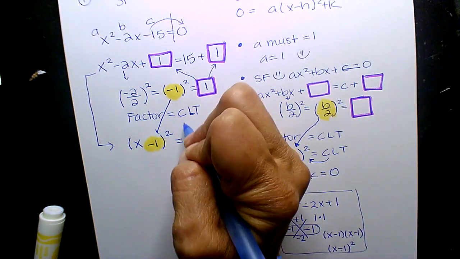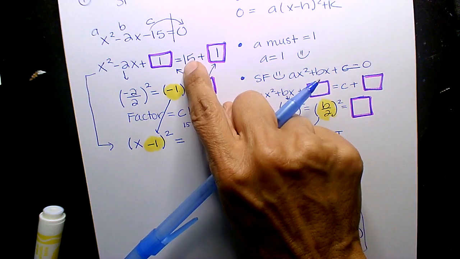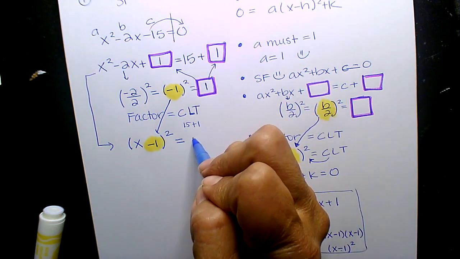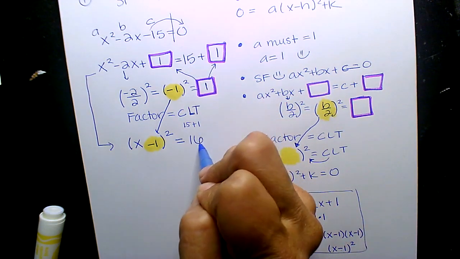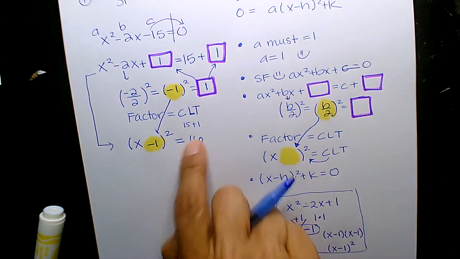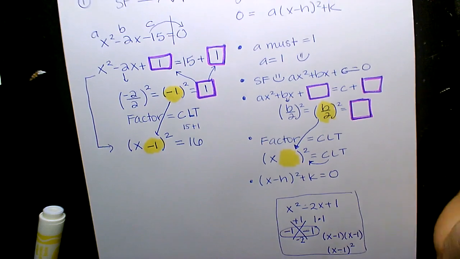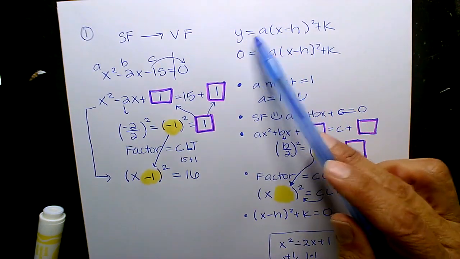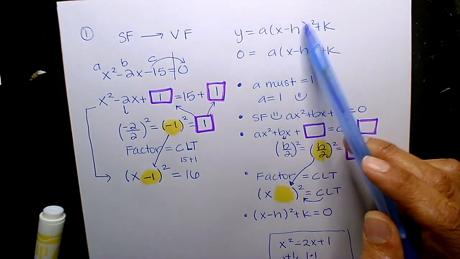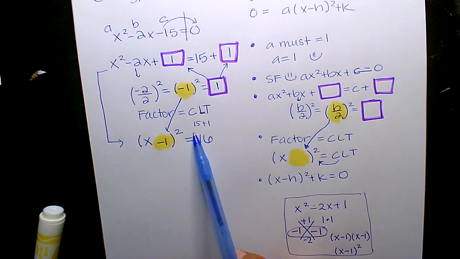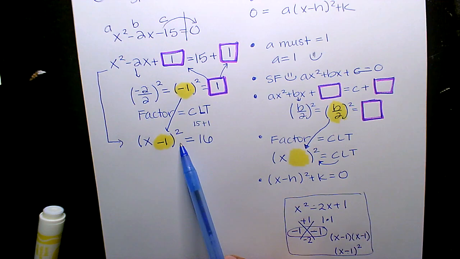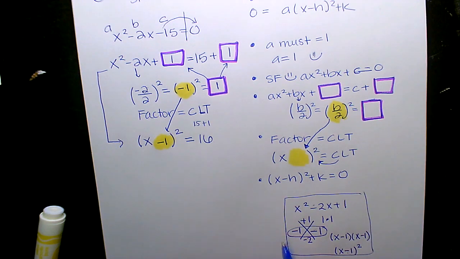Okay, so now equal, and then you combine like terms. So what is 15 plus 1? 16. And now you're one step away. Now, if I want it in vertex form, remember, I want y equal a x minus h squared plus k. I want that constant on the same side as a quantity squared.